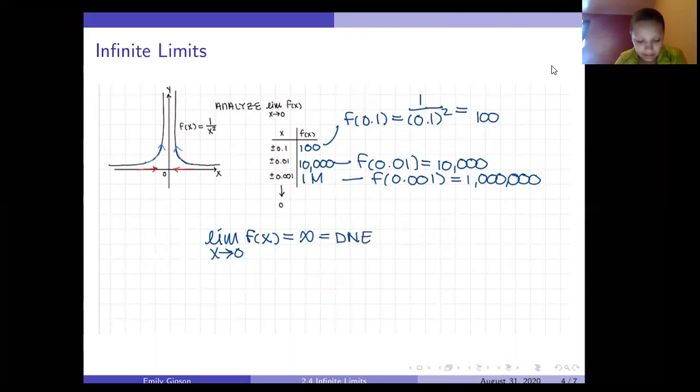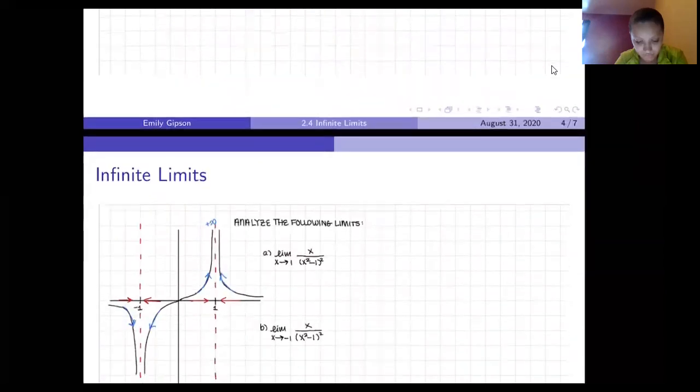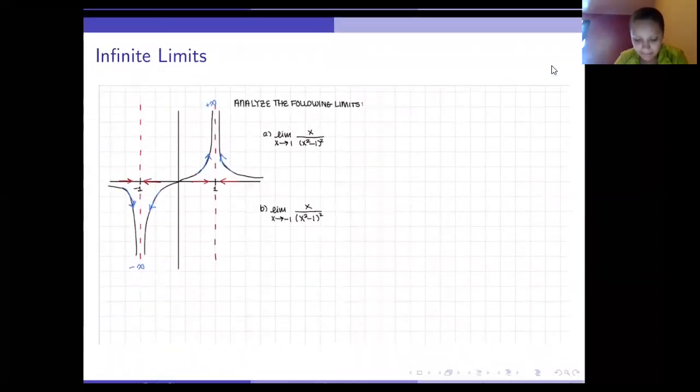All right, let's take a look at another one to show that example of negative infinity. So here I have the graph of x over x squared minus 1 quantity squared. And I'm interested in what happens as we approach 1. Well, it's pretty easy to see that the limit as we approach positive 1 is over here. We follow this line. We approach positive infinity.